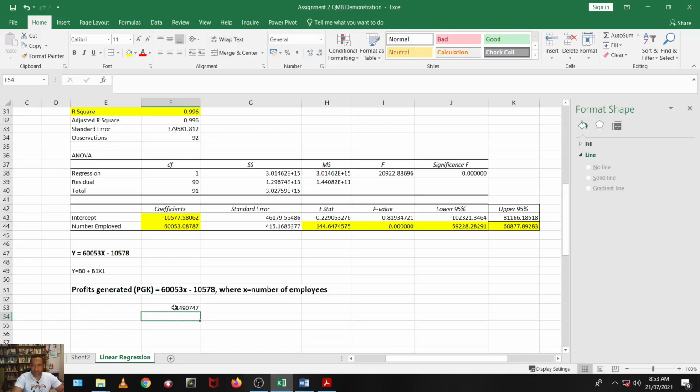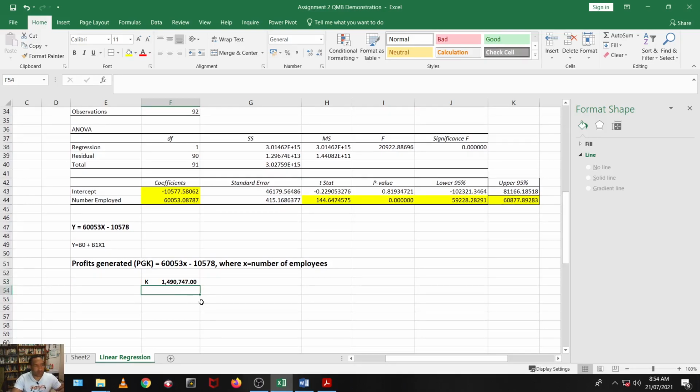That will give us $1,490,747 kina. I'm just going to change this to kina. Okay. So if we employ 25 full-time employees, we can predict the profit to somewhere around 1,490,747 kina.